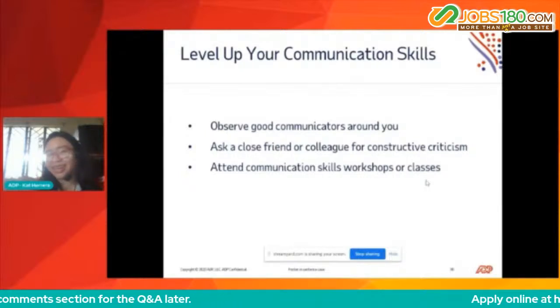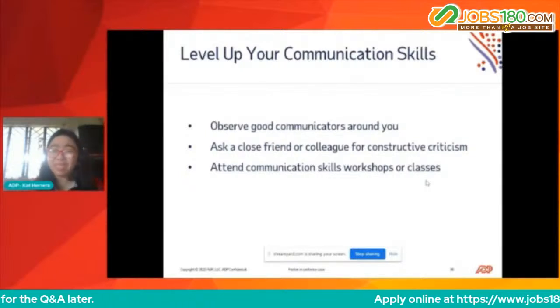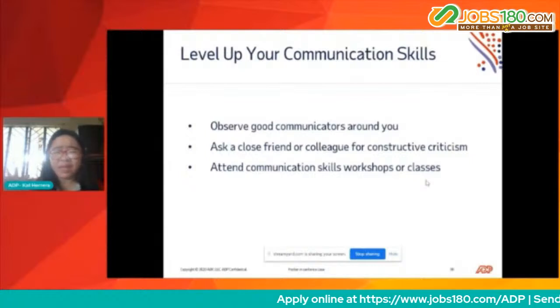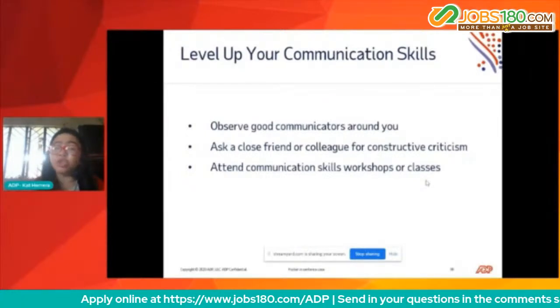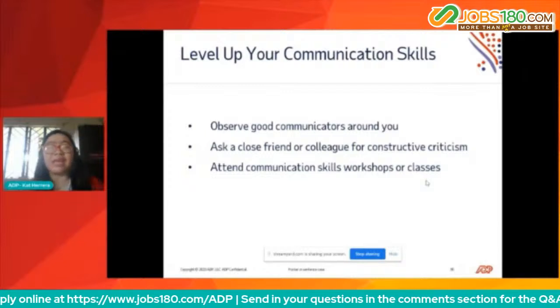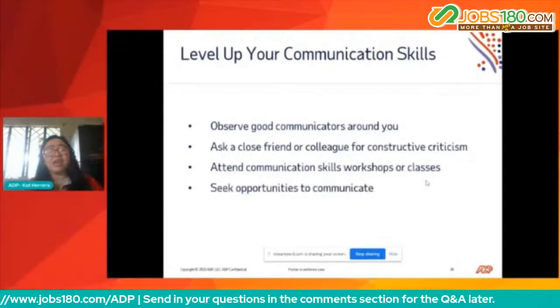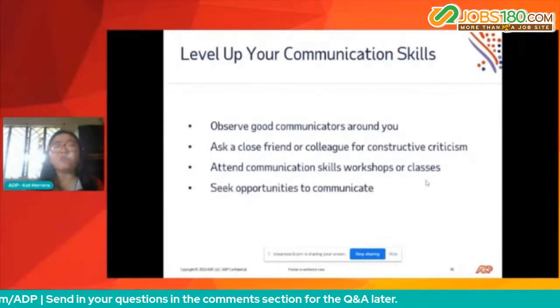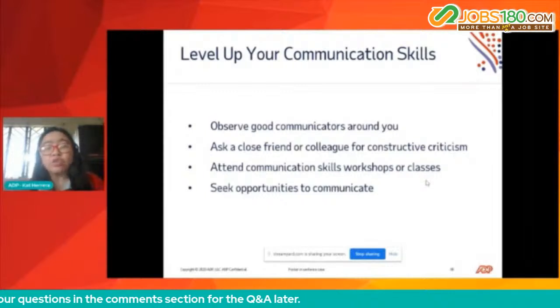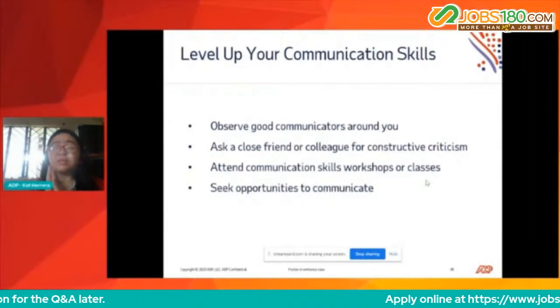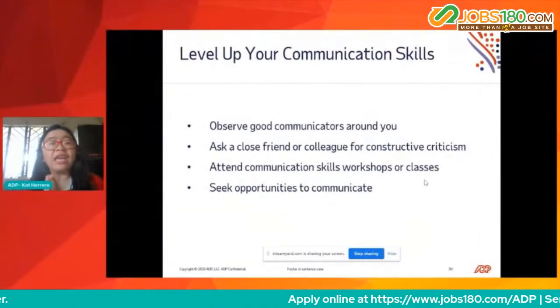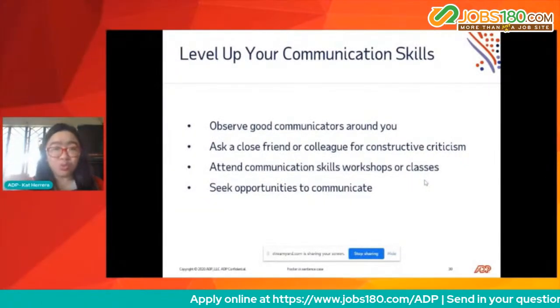I'm only 35, but still, nowadays you can have anything at the tip of your fingertips, and you should definitely take advantage of that. Seek opportunities to communicate. Do not be hermits. Do not be shy. Do not shy away from conversation, because the only way that you can improve is to practice and to do it.